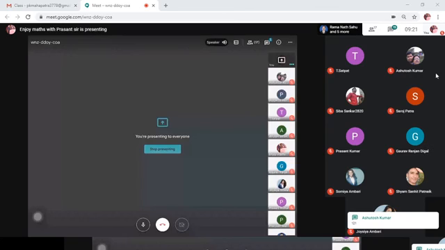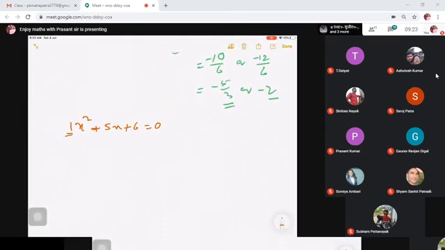Here the coefficient is 1. That means we shall multiply it by 4. If I multiply it by 4, we have 4x square plus 20x plus 24 equal to 0.